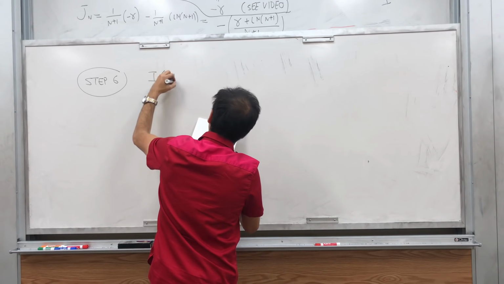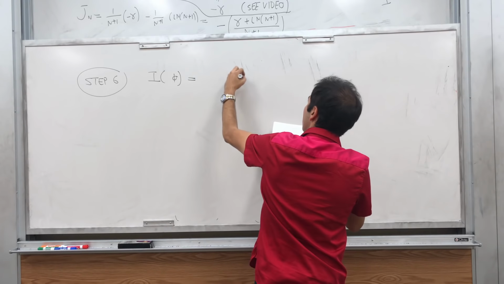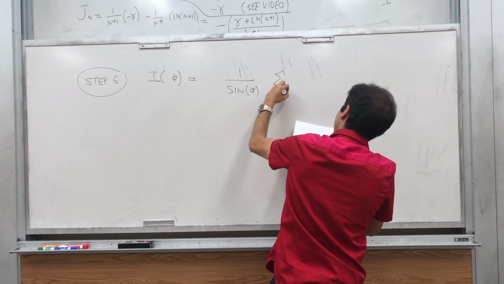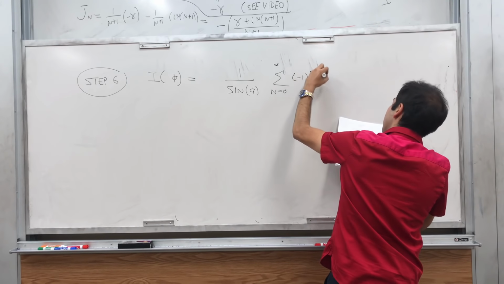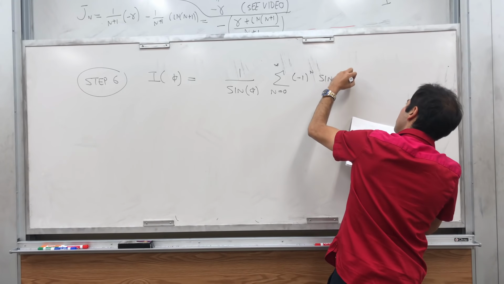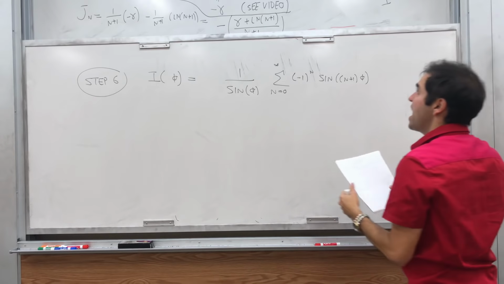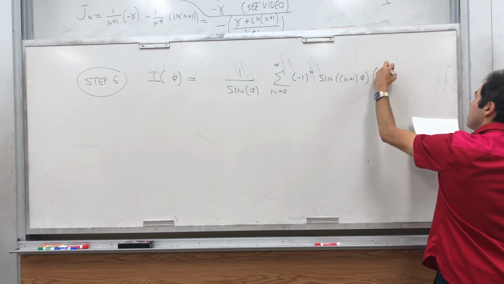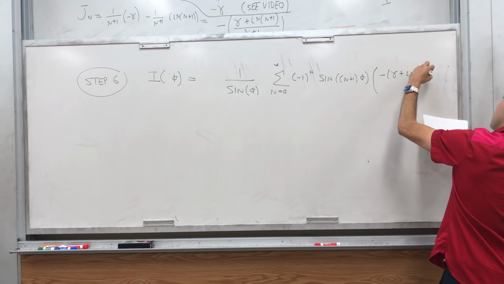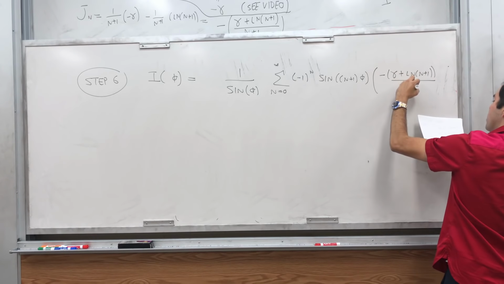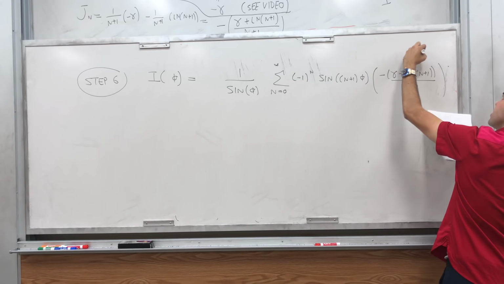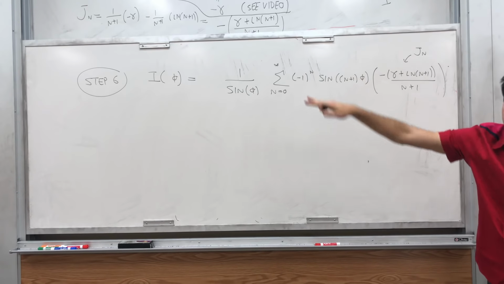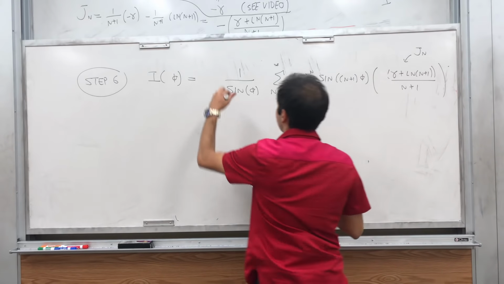I of phi, sorry, that was 1 over sine of phi times the series n equals 0 to infinity minus 1 to the n sine of n plus 1 phi times Jn, but we just saw Jn, it's minus gamma plus ln of n plus 1 over n plus 1. That was Jn. Now, the minus is kind of annoying. Let's just pull it out. So this one, we'll just put it here.